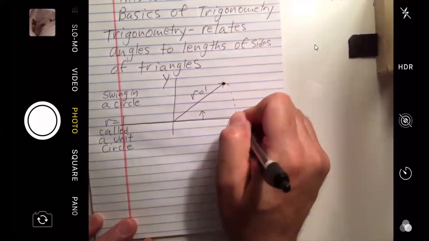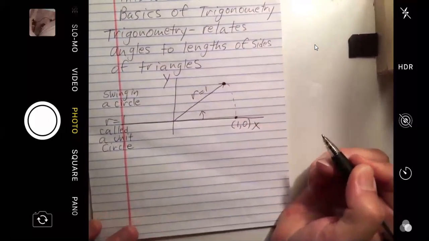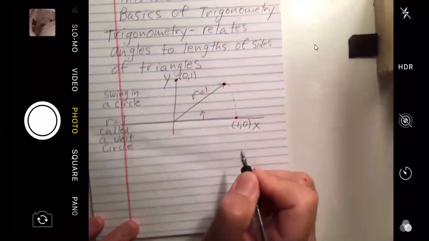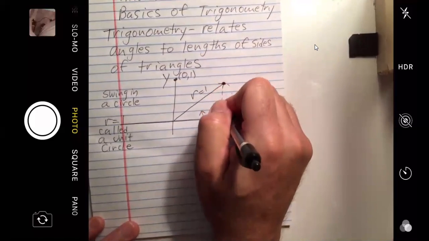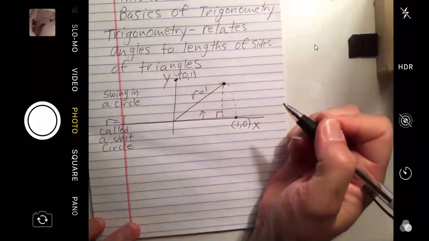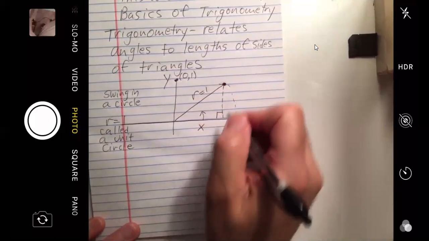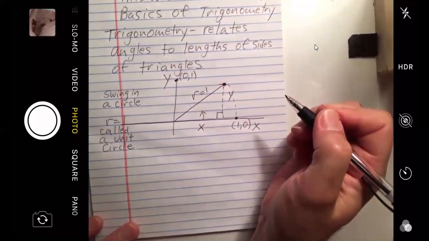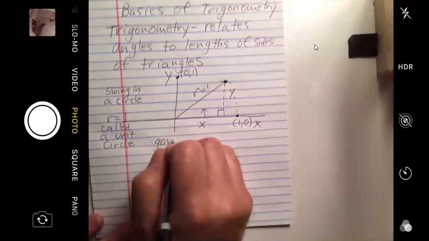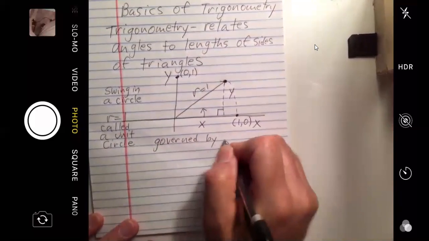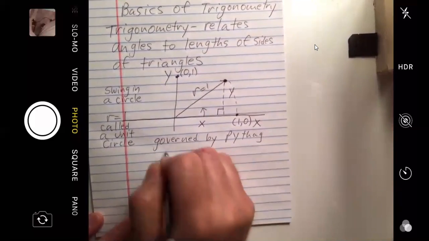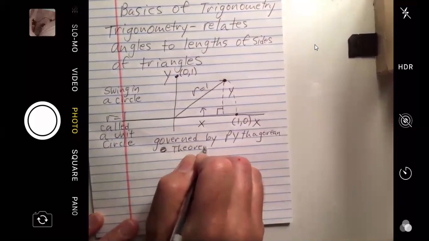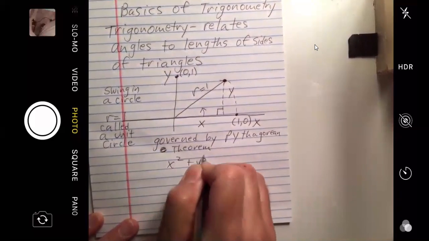You're starting at coordinate 1, 0. Up here, you're at 0, 1. At any point you stop, there's an X leg and a Y leg to the triangle. And you're always governed by the Pythagorean theorem, that x squared plus y squared equals 1.